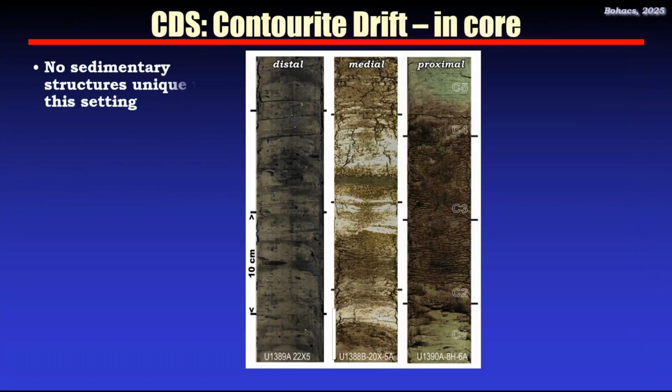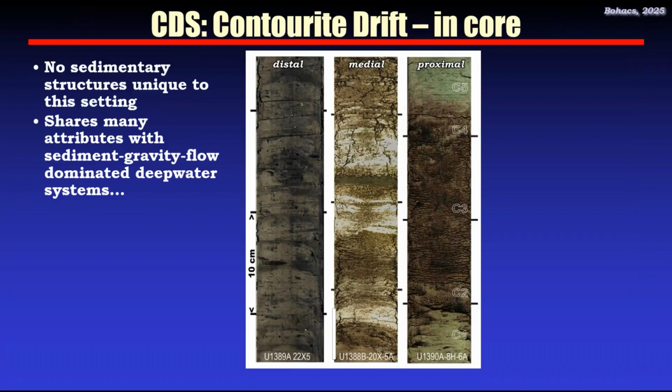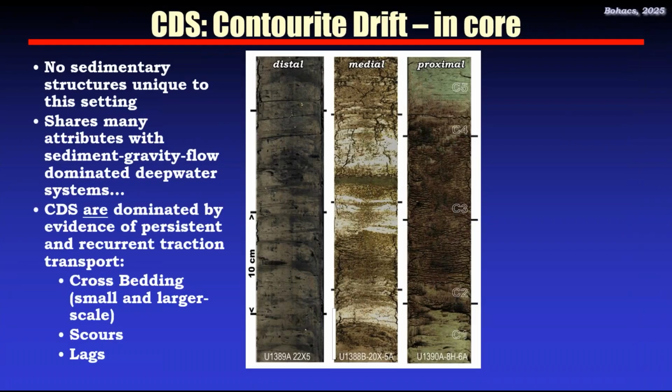In core, we see that no sedimentary structures are unique to this setting. It shares many attributes with sediment gravity deepwater systems. However, contourite depositional systems are dominated by evidence of persistent and frequently recurrent traction transport, cross-bedding, small and larger scale, scours, and lags.